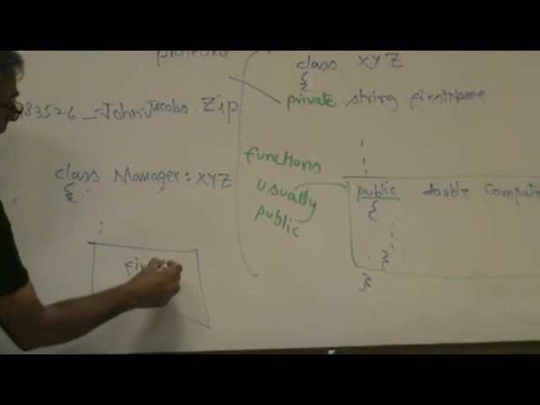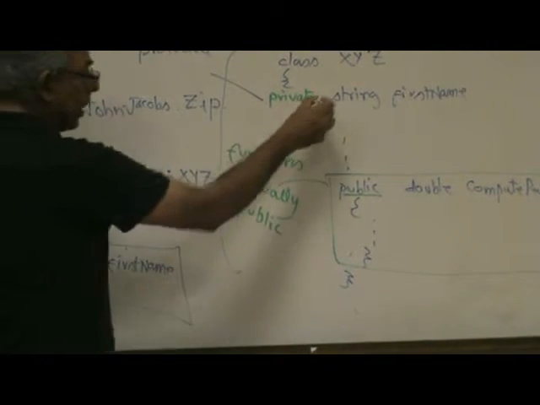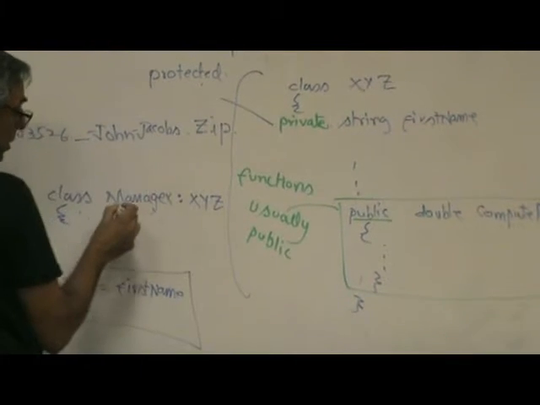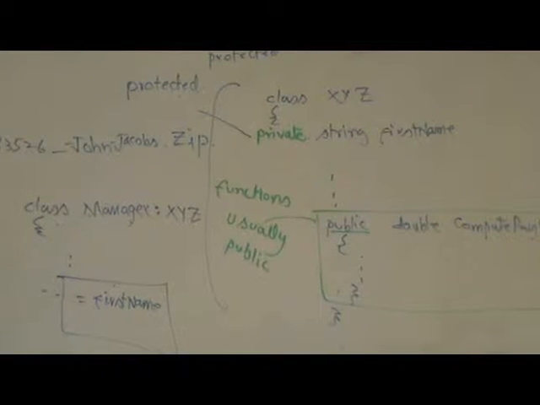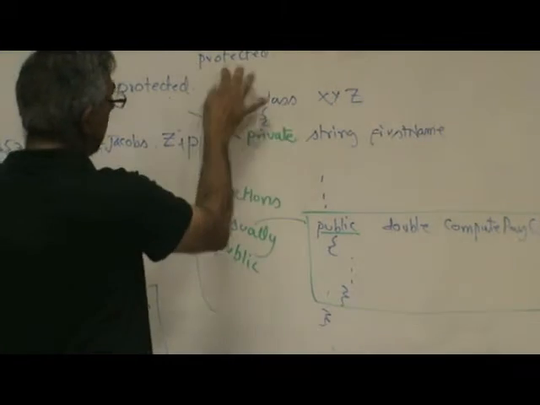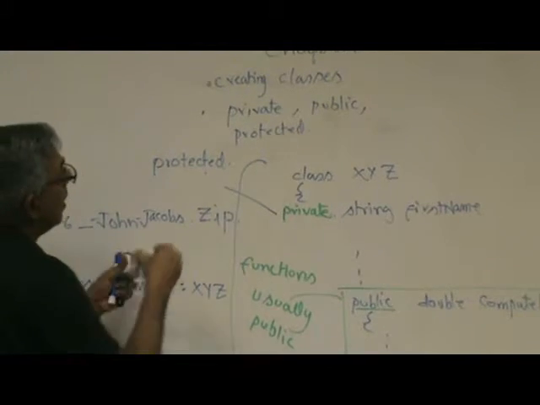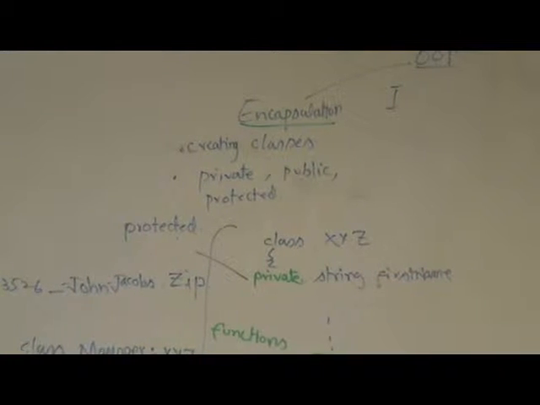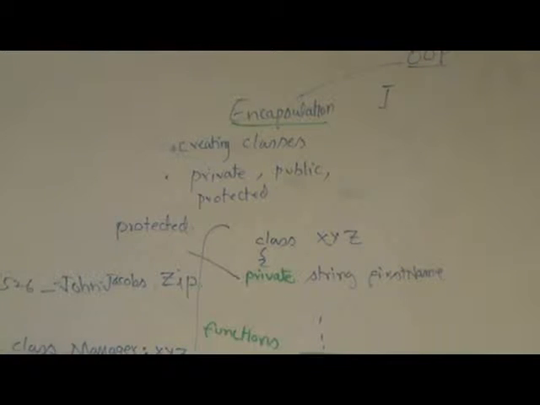If it was marked private, then obviously we will not be able to read this data here, so that's the time this will be protected so that the derived class can easily access it. These are basic object-oriented concepts. All of these concepts of private, public, protected, part of creating the class itself, are part of the encapsulation idea. Now, as I mentioned briefly, the class itself can be marked private or public, but not protected.